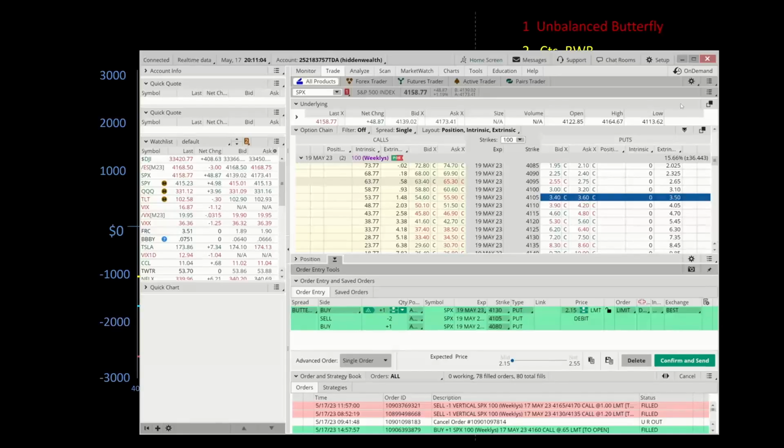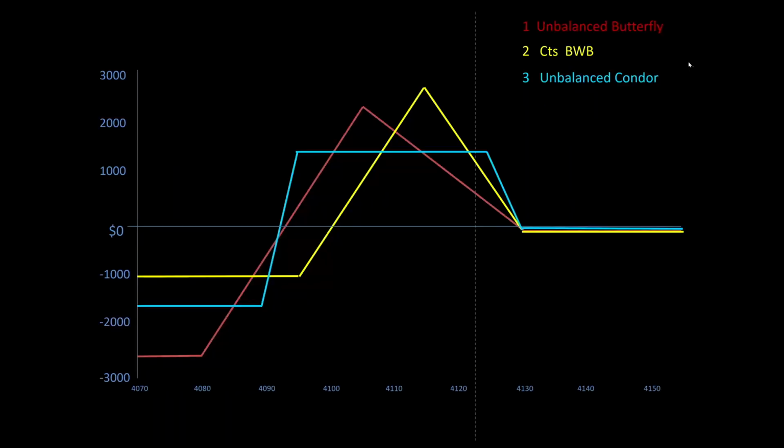In other words, let me explain it this way, because this is really important. This is the estimated move line for Friday on the downside.